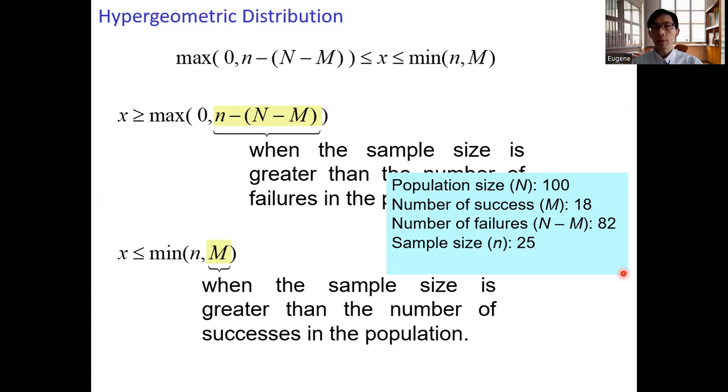So the number of successes in the sample X takes on values 0, 1, and up to a maximum of 18, which is the number of successes in the population.